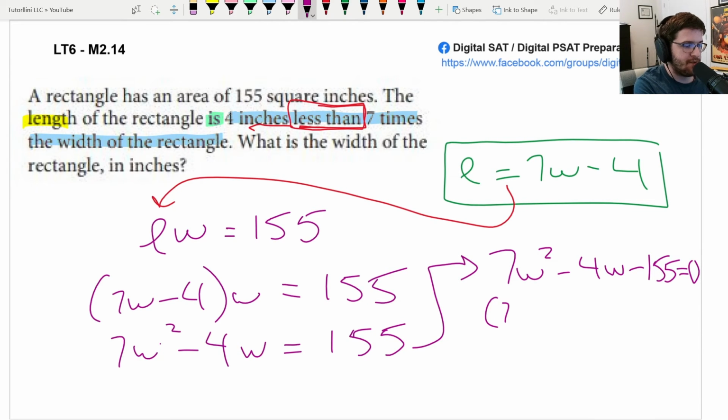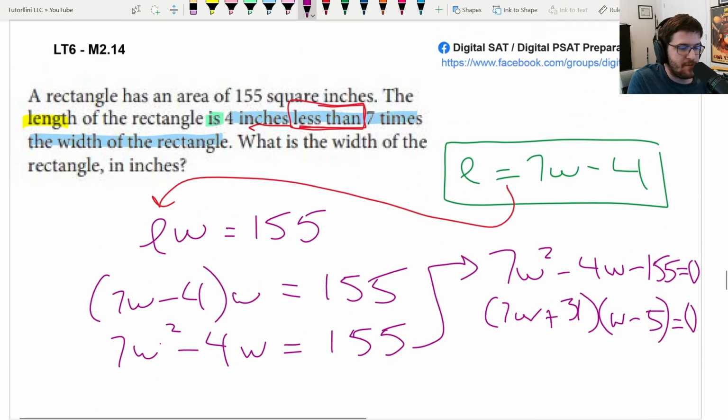So it factors out to, I go over this in my factoring video if you want to learn the method, which is important, but not for this question. This is just not worth it. These numbers are too big. So it factors to 7w plus 31 times w minus 5. And if you set each of those equal to 0, using the zero product property, we would add 5 to both sides and you get 5.